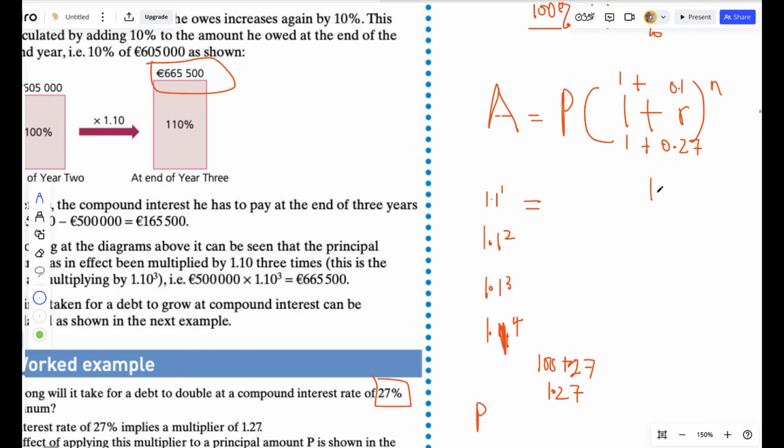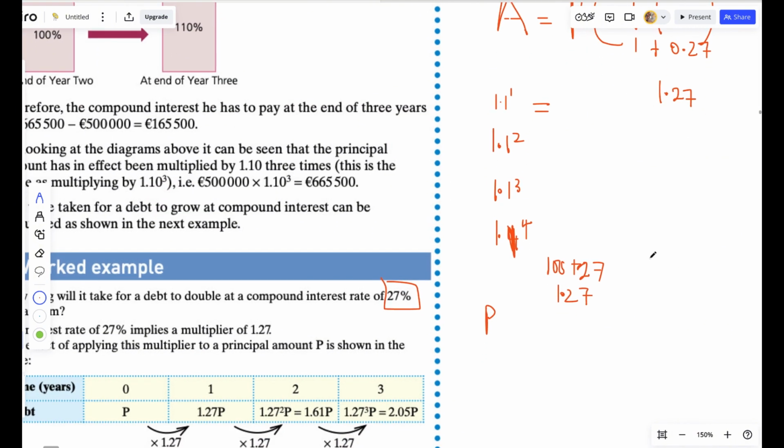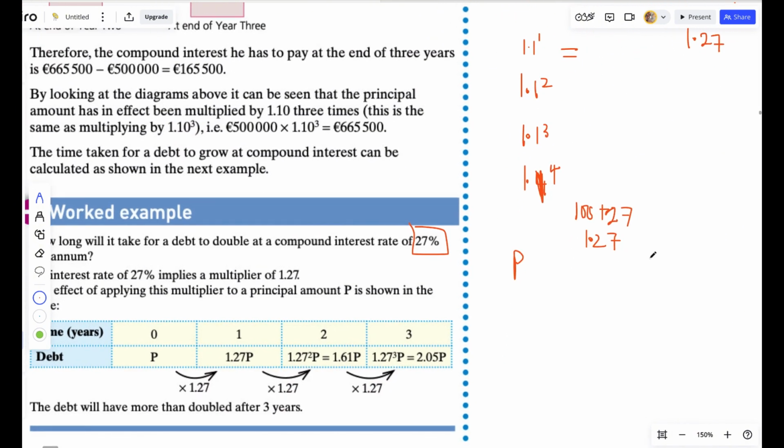Now how long did it take the money to double? First year, it will be 1.27 raised to power 1 times P. The P is the amount. We just call it P because they didn't tell us how much it is.